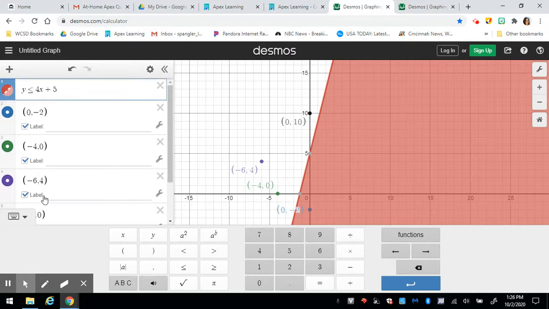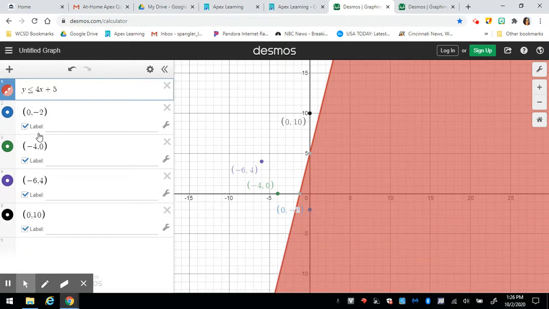And I put all 4 different choices here. 0, -2, which is right here. -4, 0. -6, 4. And 0, 10. So our answer is the solution that is in the shaded area. Super duper easy when you use Desmos, because it's right there.